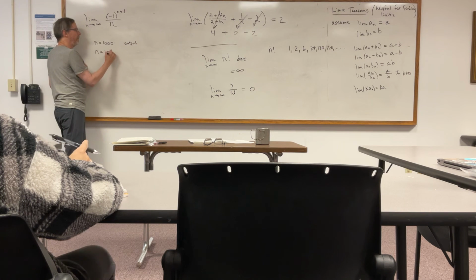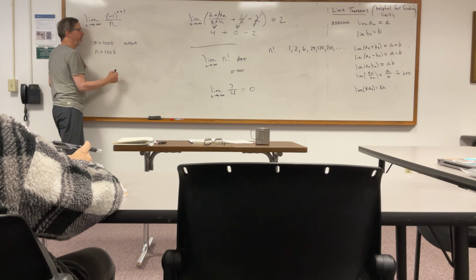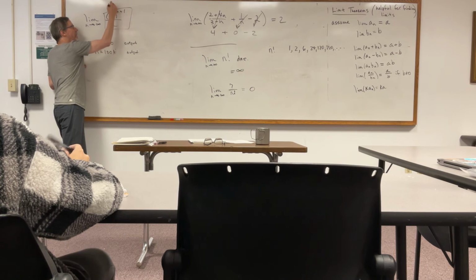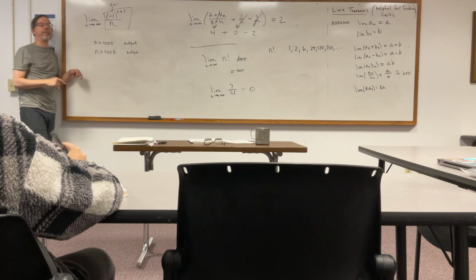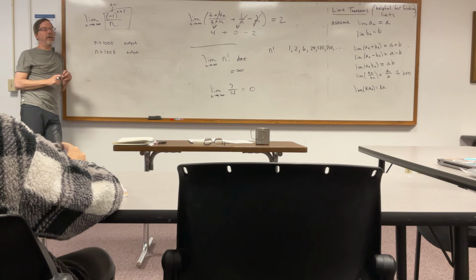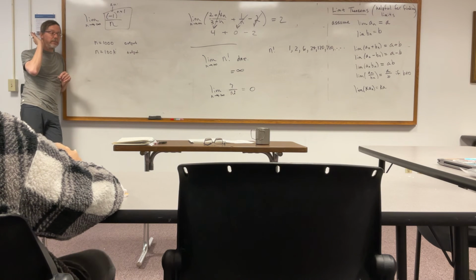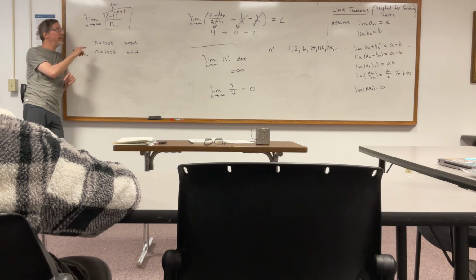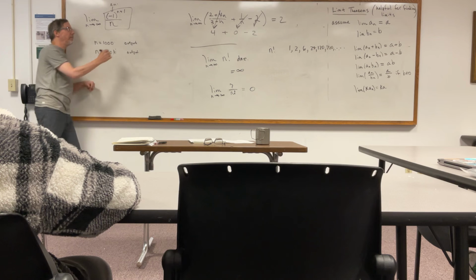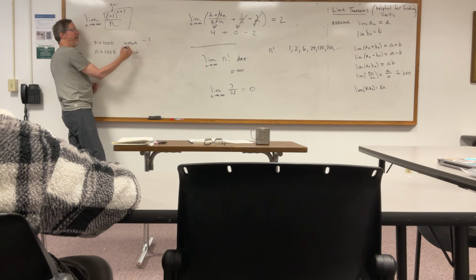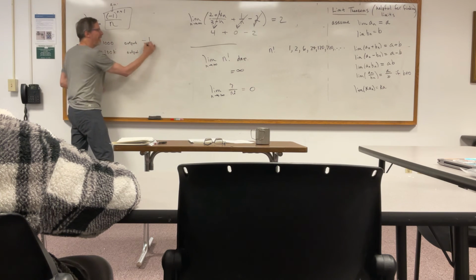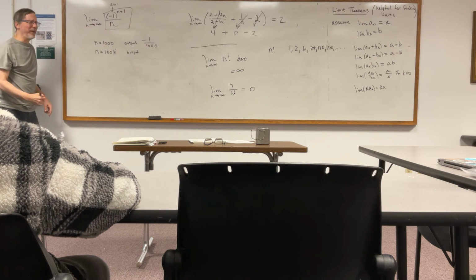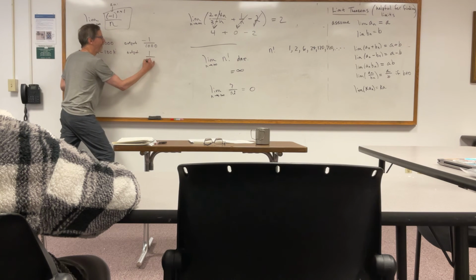This is a sub n. It's -1 over 1,000. What about when n equals 1,001? 1 over 1,001.